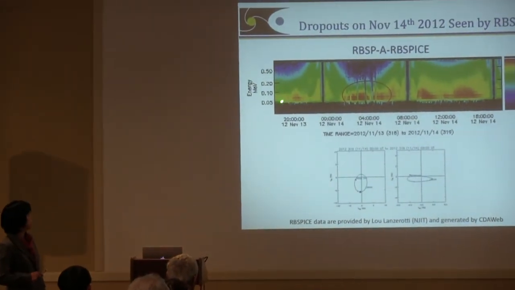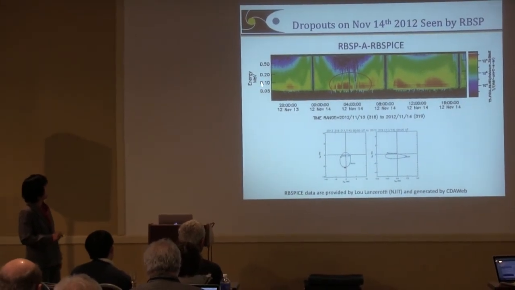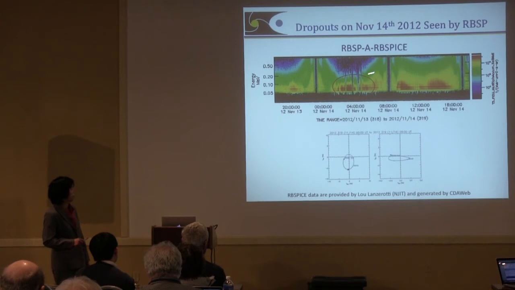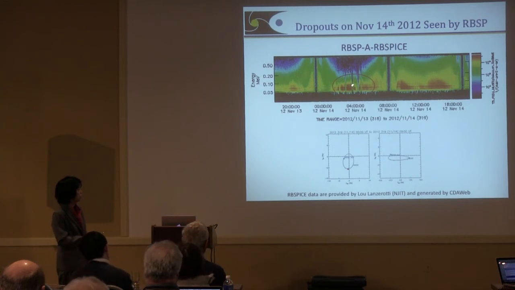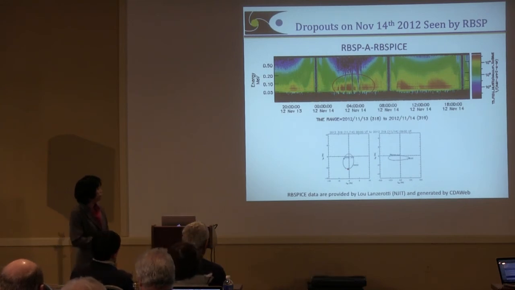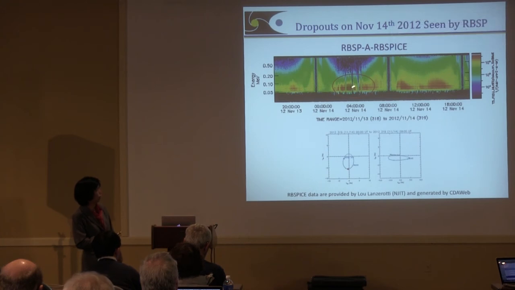This is the data from RBSP, and this is the energy-time spectrogram. Near the perigee, or the apogee, of the spacecraft, you see some dropout here. Here the spacecraft is pretty close to the Earth, so we don't understand why there are flux dropouts. The spacecraft should be in the ring current or radiation belt region.